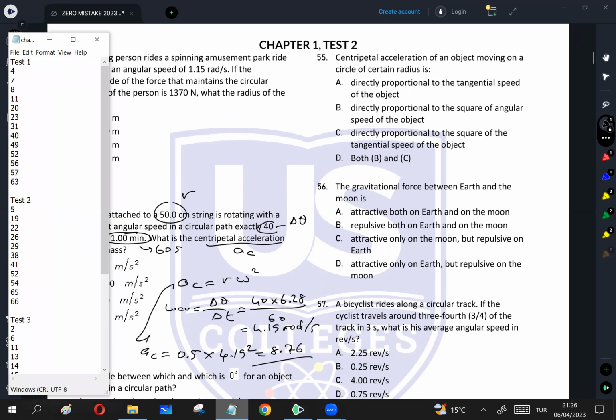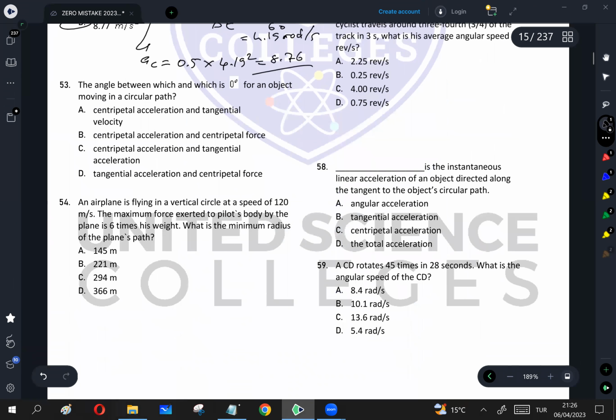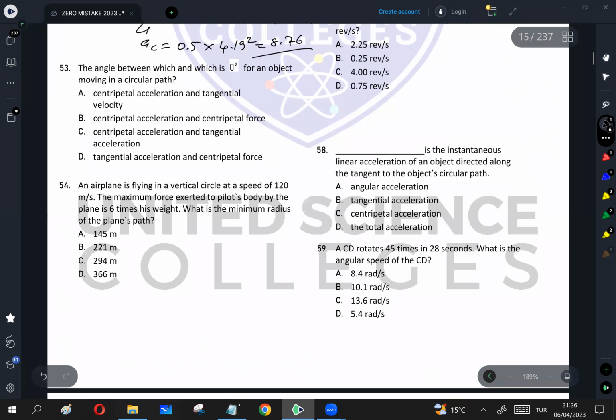After 52, we go to 54. An airplane is flying in a vertical circle at a speed of 120 meters per second. So vertical circle, let's draw a vertical circle like that. With a speed of v t, the maximum force exerted on the pilot's body by the plane is going to be 6 times its weight.